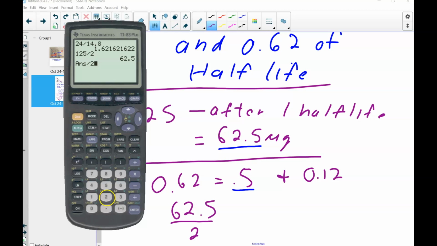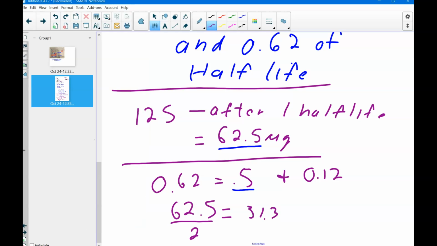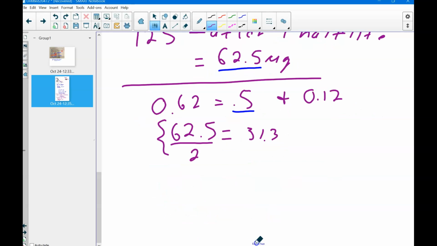This work is kind of complicated. We would have 31.3 micrograms remaining. But what I'm trying to show you now is that this would be after an entire half-life. So we don't completely lose 31.3. We only lose half of that value, because it's just 1/2 of a half-life.